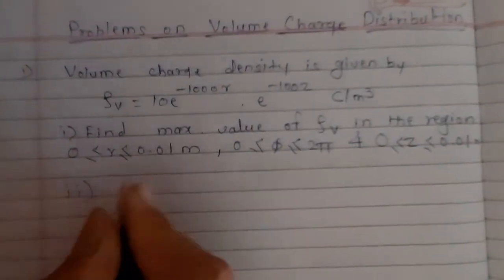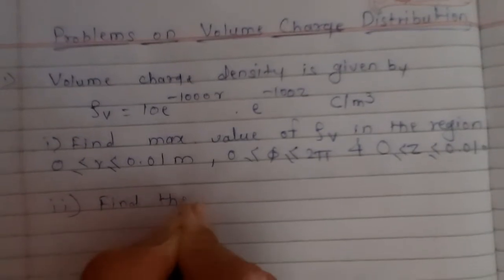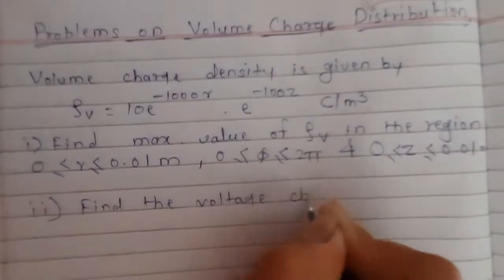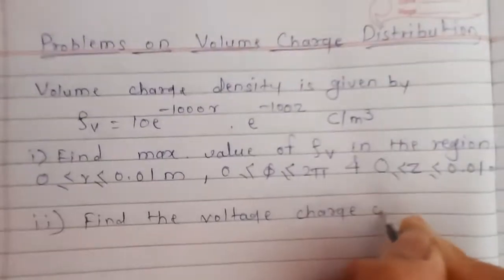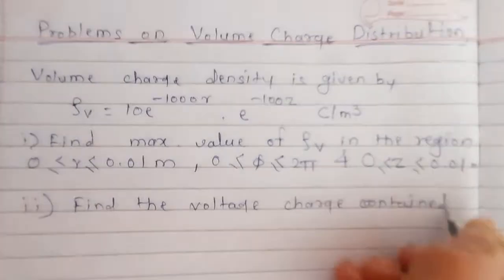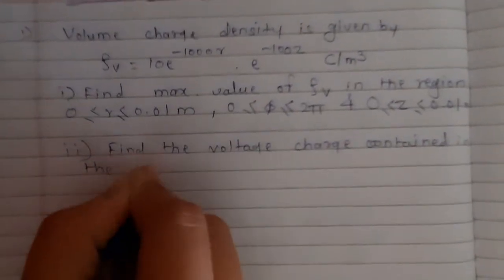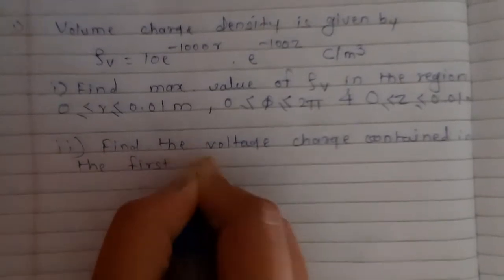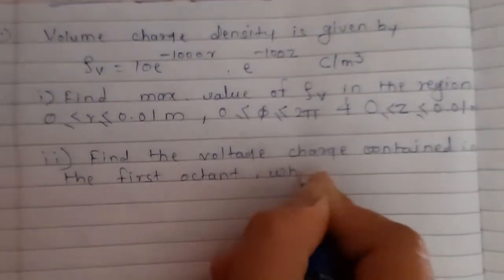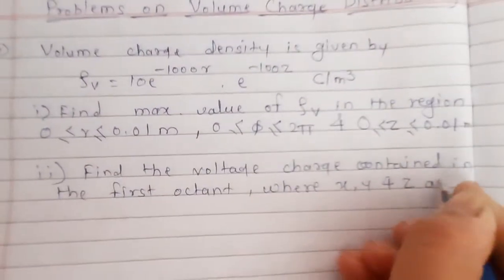Second part of the problem is find the total charge contained in the first octant, where x, y and z are positive.